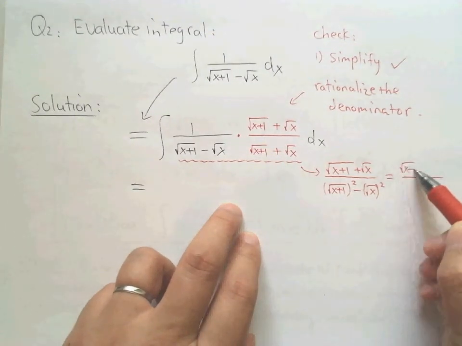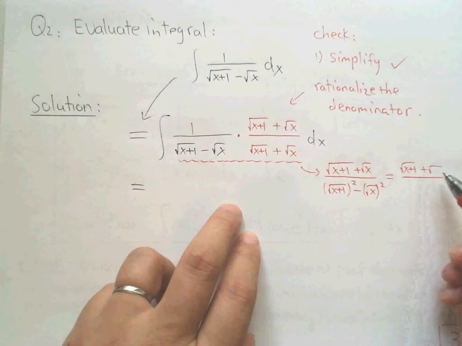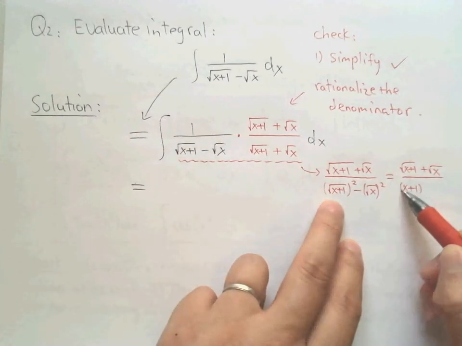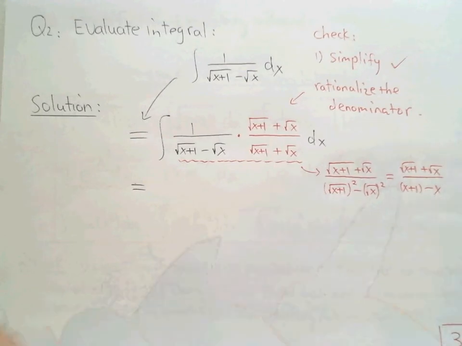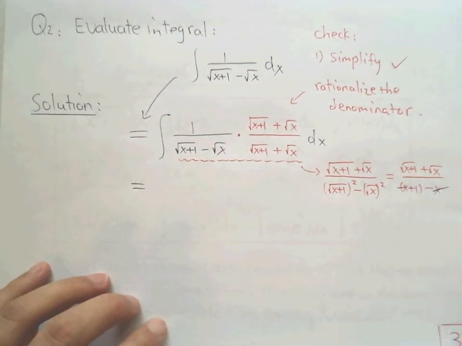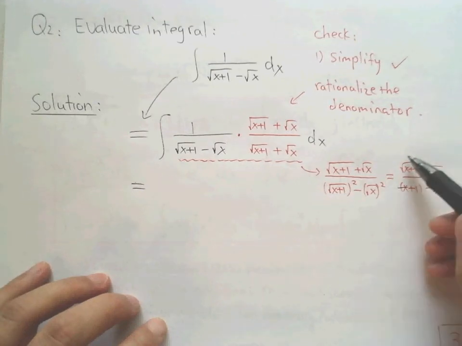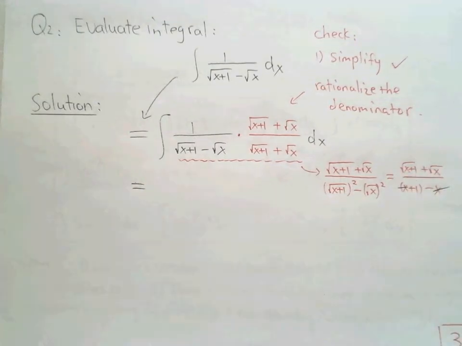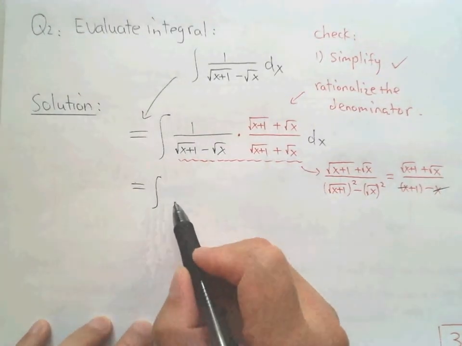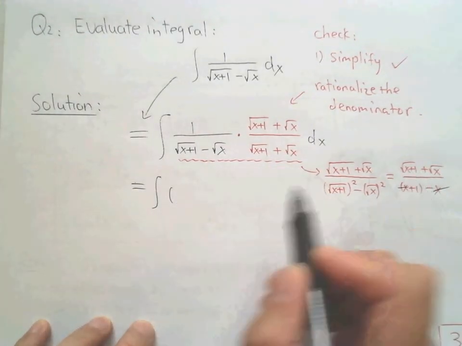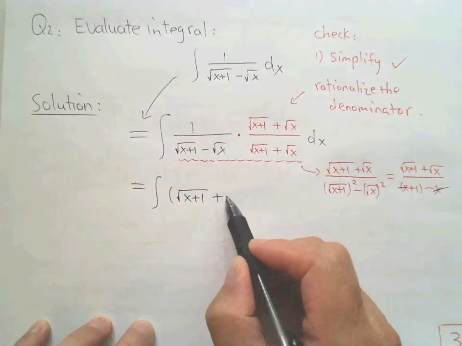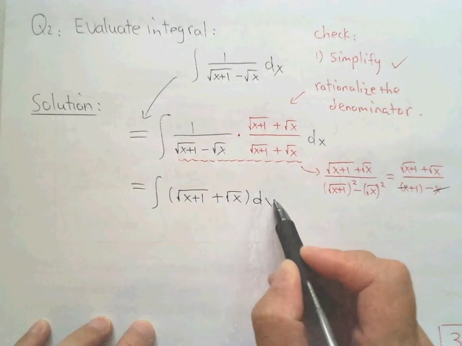So there is x plus 1 plus square root of x. The bottom goes to x plus 1 minus x. Can you see? This x and this x we can cancel, right? The bottom goes to 1. Now this is the only thing left. The only function we have left is this: the integral of (square root of x plus 1, plus square root of x) dx.